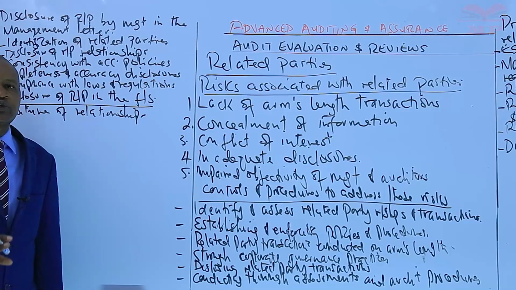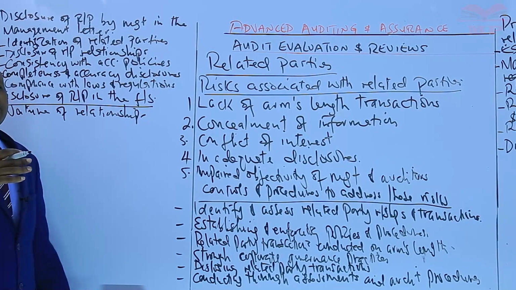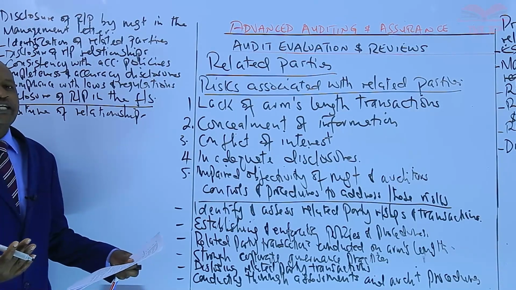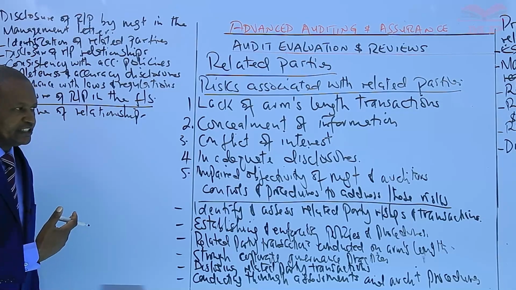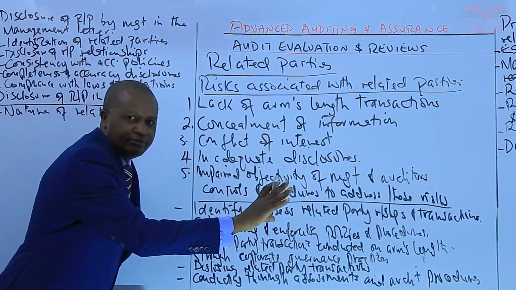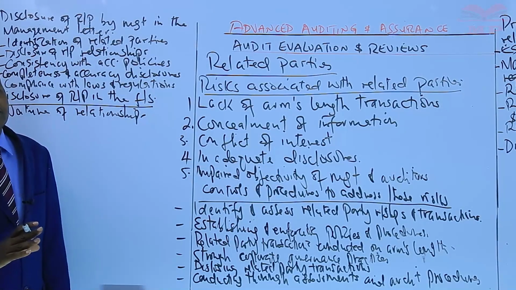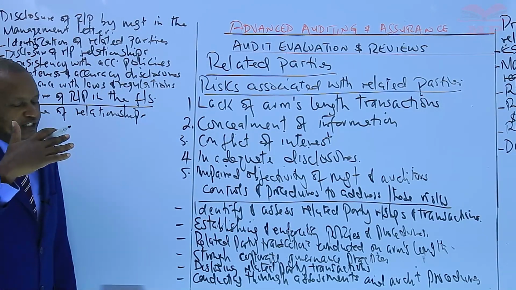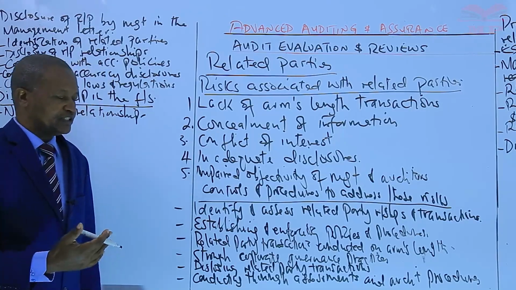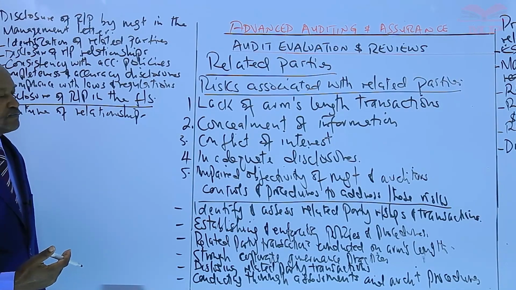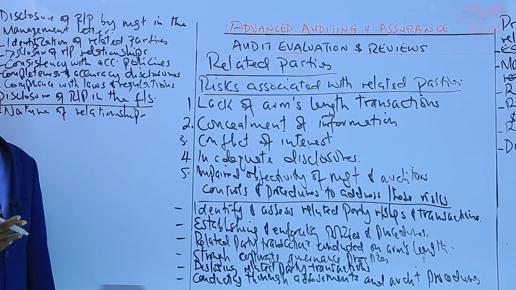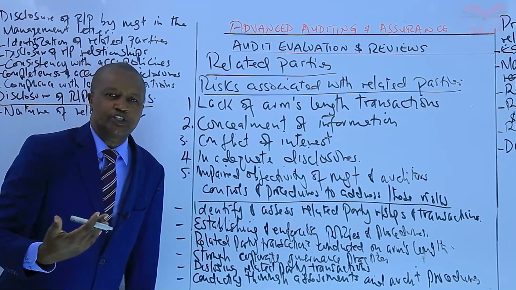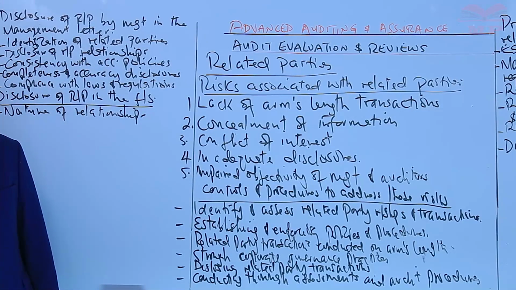The financial statements disclose the nature of the relationships between the entity and related parties. Part of the information in the financial statements in relation to related parties should include the nature of relationships. Why?